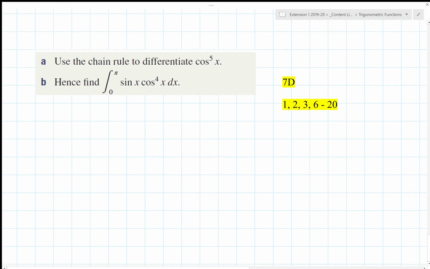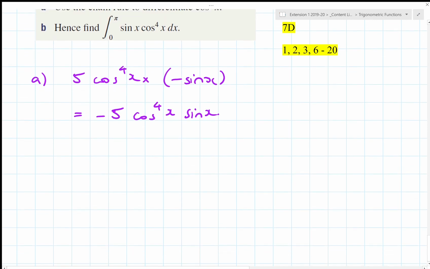So now we've got to differentiate, hence integrate. So I differentiate, I multiply by 5, I subtract 1 from the power, and then I multiply by the derivative of the thing inside, so that's minus sine x. So that's minus 5 cos to the 4 x sine x, hence integrate.